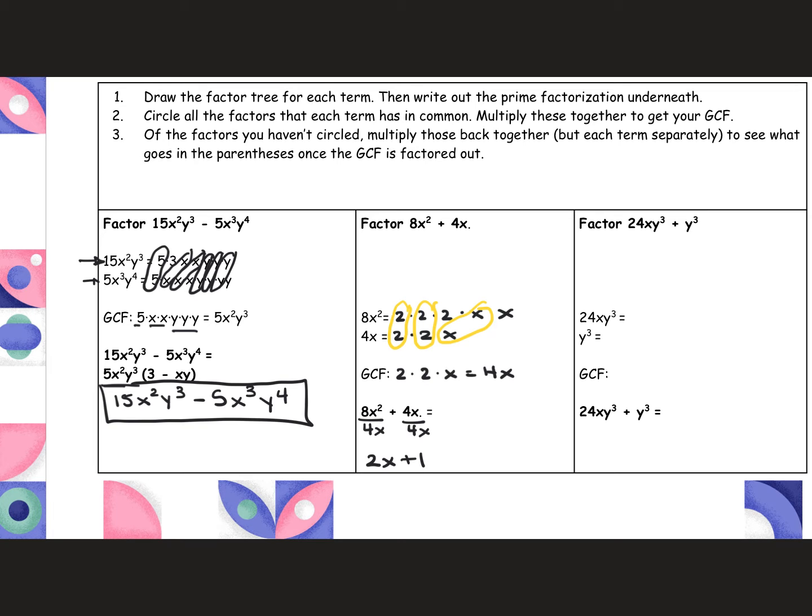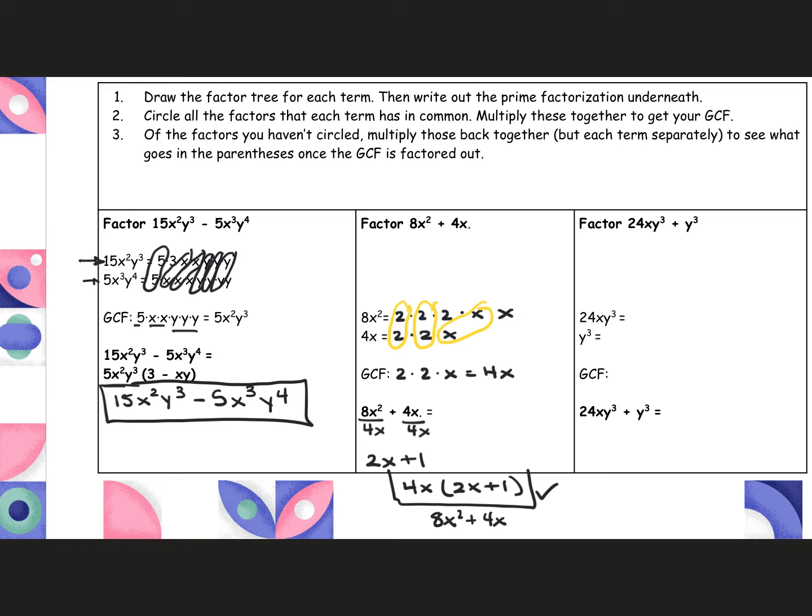All right. So finally, we're going to write our GCF. We have 4x. What's left in parentheses is 2x plus 1. We can distribute this back out. So 4x times 2x gives me 8x squared plus 4x. So that checks out.